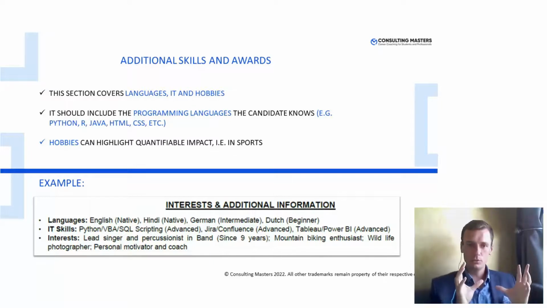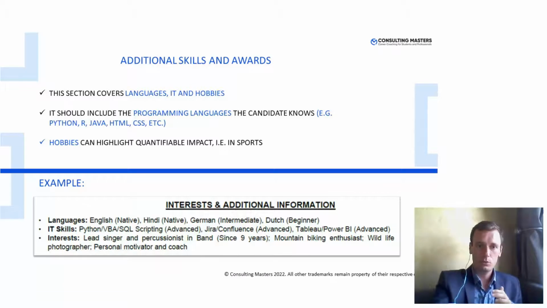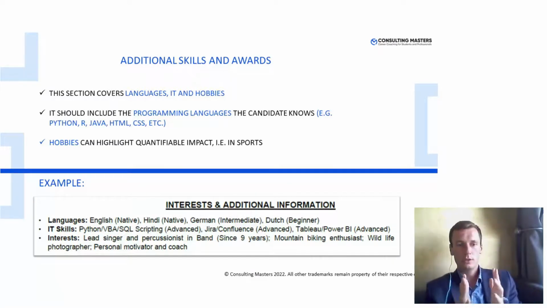Let me just give you a very short example of the last section, which is mentioned here on the bottom of the page. So your languages: the candidate knows English at the native level, Hindi, native, German, intermediate, and Dutch, beginner. The levels of language proficiency are mentioned in the brackets, and you put the most relevant languages first according to your country preferences.